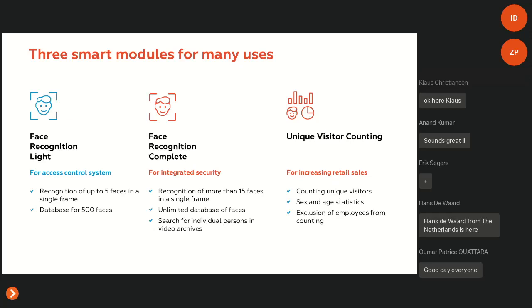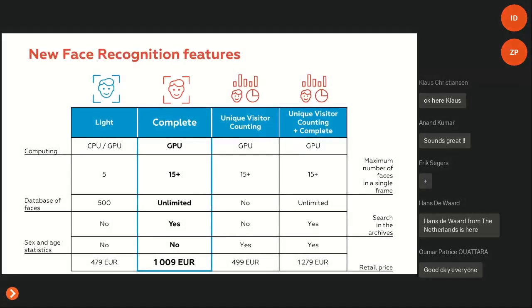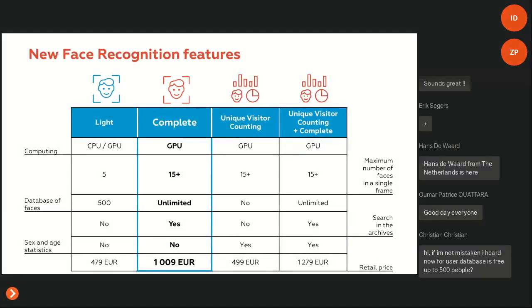Ilya will show you the operation and setup of these modules a little bit later. If you look at the comparison table on this slide, you notice that one of the advantages of the new module is the usage of the GPU resources, meaning that your customer will be able to significantly save server processing capacities.